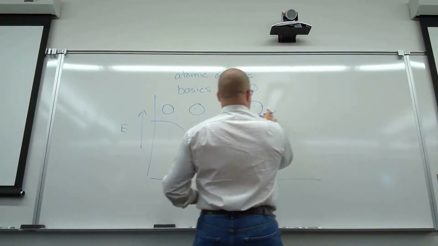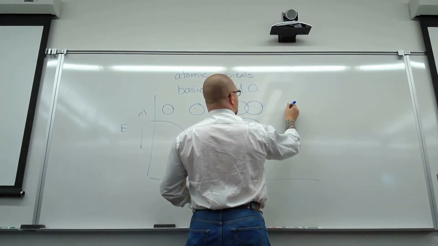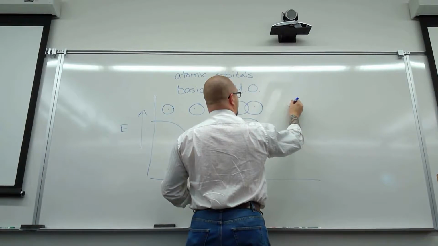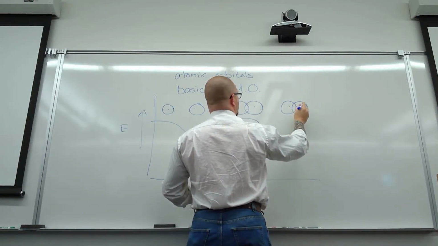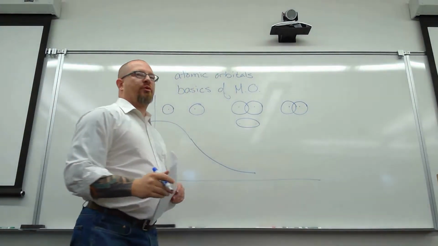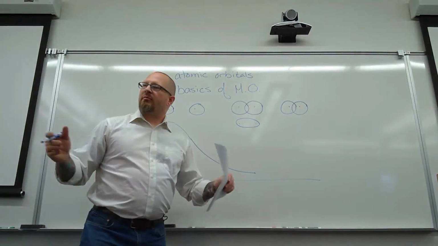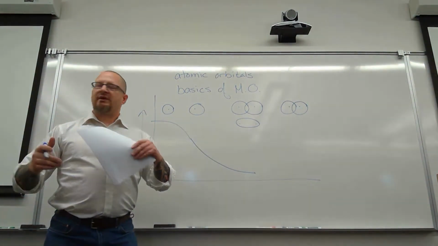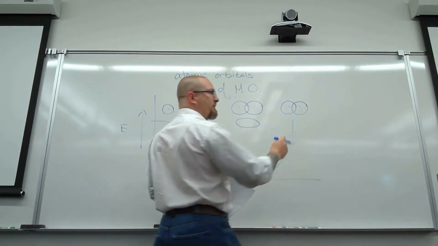If they get pressed together even more, you actually start to get repulsive effects between the nuclei. The electrons start to get crowded. The non-bonding electrons start to crowd one another, and it becomes high energy again.